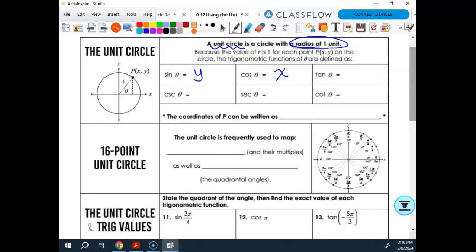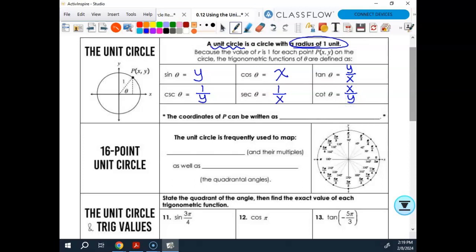Tangent is what? Y over x, which means it's also sine over cosine still, right? What would cosecant be? 1 over y. Good. Secant would be 1 over x, and cotangent would be x over y.